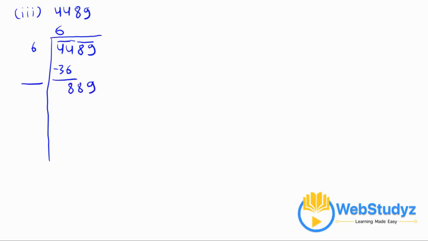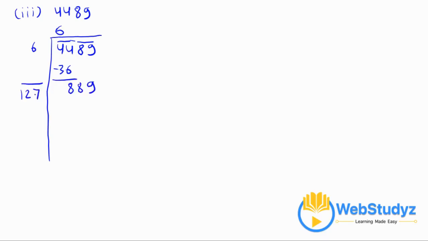which is 4489. 4489 can be grouped like this. Now using the division method, we have 6 times 6, which is 36. Subtracting this from 36, we get 889. Doubling the 6 we get 12.